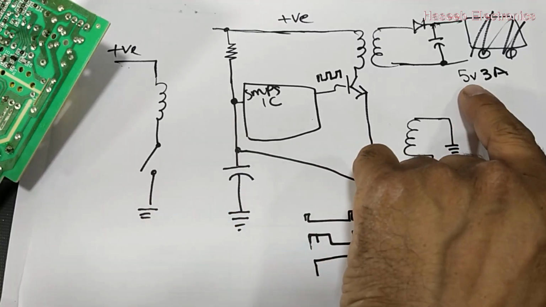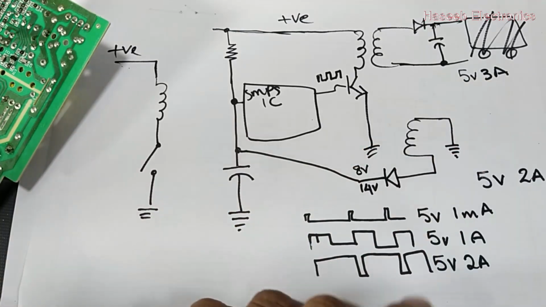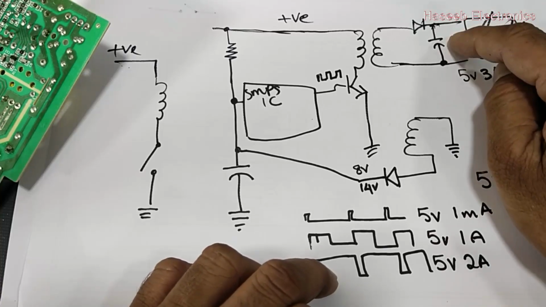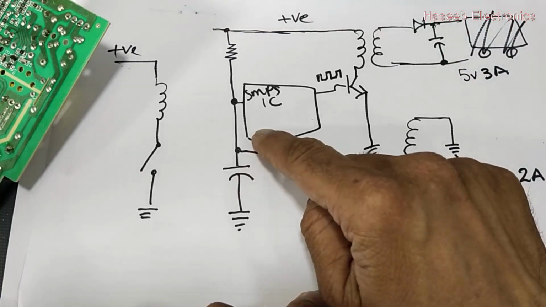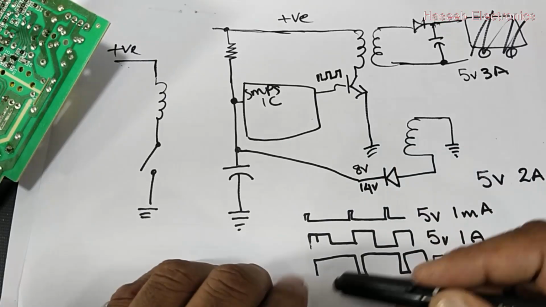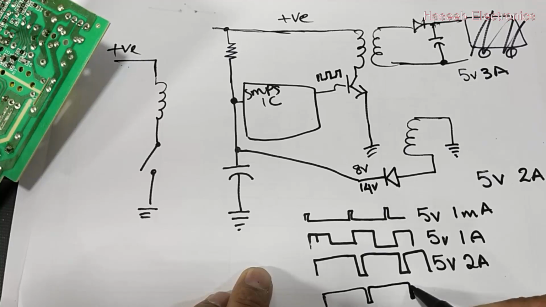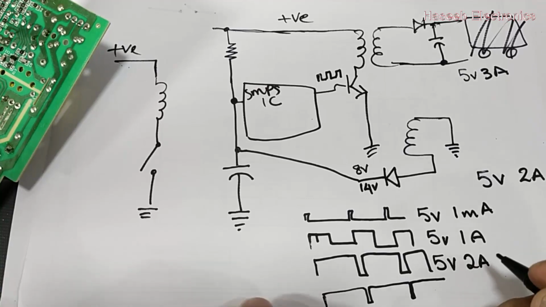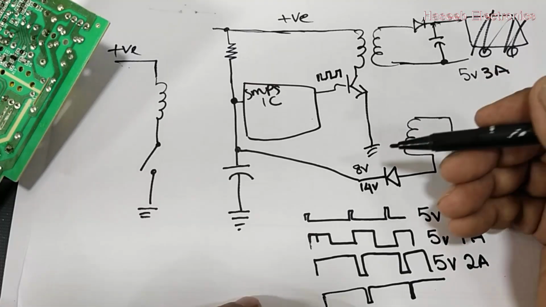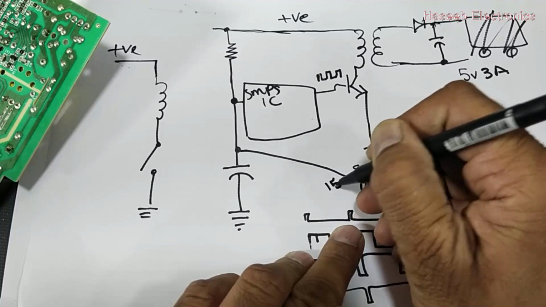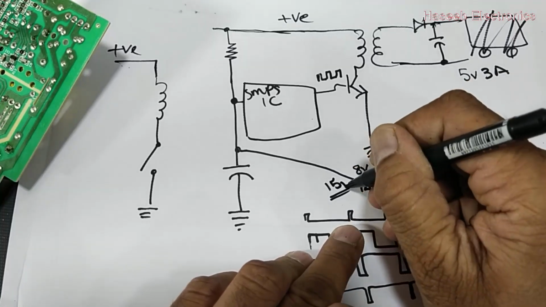But now if we put a 5 volt 3 ampere load, that means more load, so voltage drop will occur here. It will give feedback to this IC, but when this IC tries to increase the duty cycle to use the maximum duty cycle, the voltage here will increase. For example, it will try to exceed 15 volt.